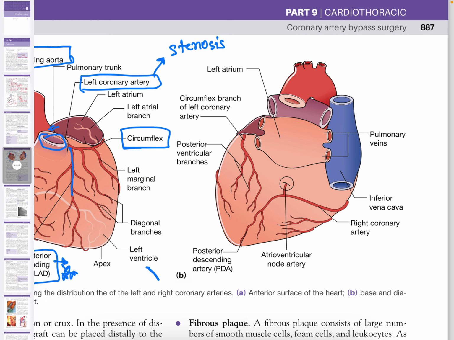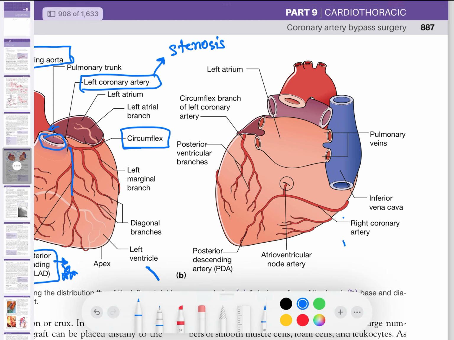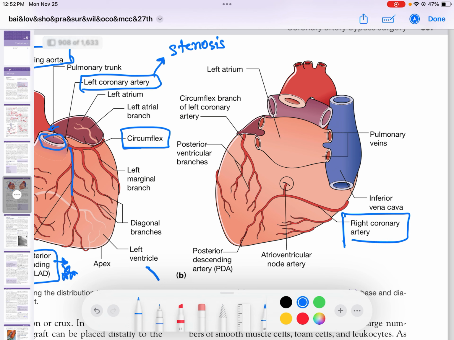This is the right coronary artery, and it continues as the posterior descending artery or interventricular artery.